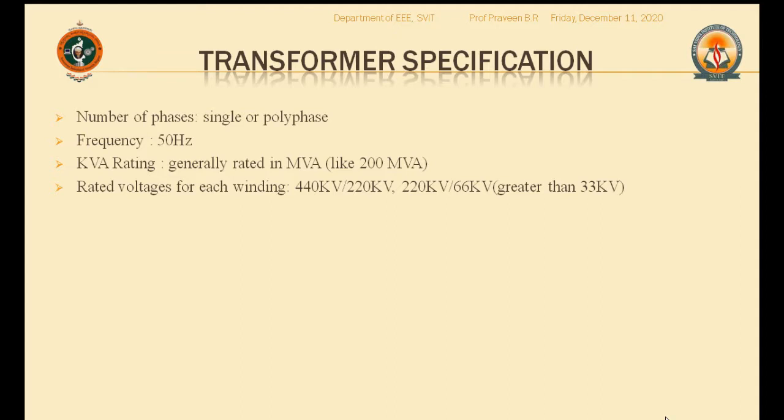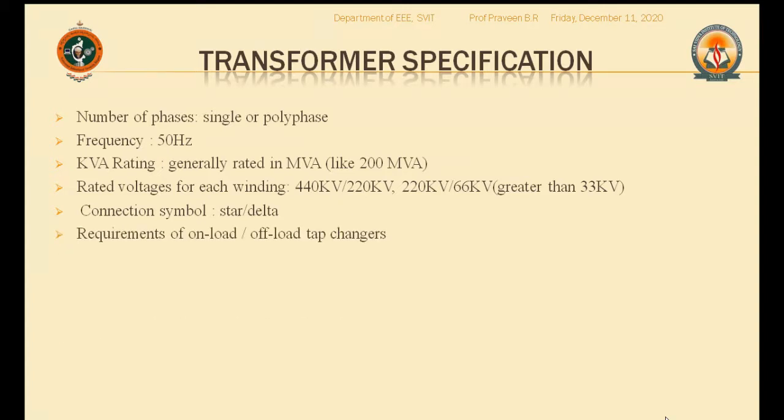We should also mention the rated voltage for each winding, whether it is 440 or 220 kilovolts, 66 kilovolts, or any other voltage greater than 33 kilovolts. We also have to mention whether we are connecting it in star or in delta.